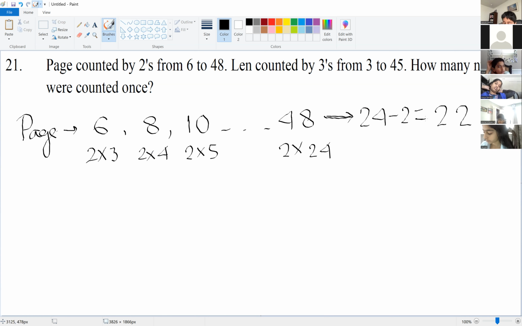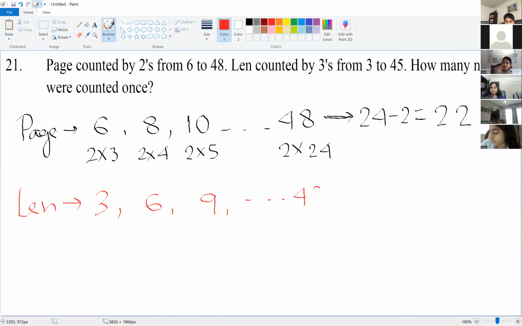Now, 3. So now you take out 6 from 15 to get 7. And now 7 plus 22 is 29. So 9 all the way to 45. So 3 times 1, 3 times 2, 3 times 3, 3 times 15.